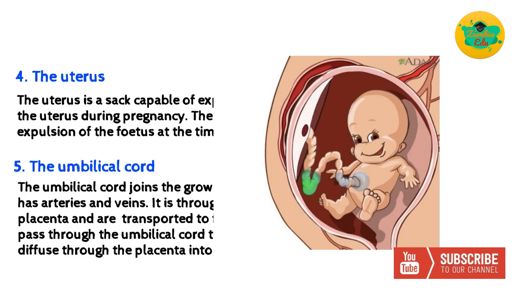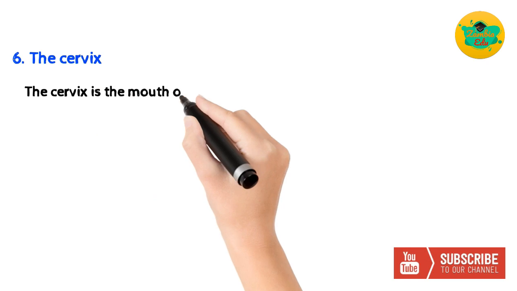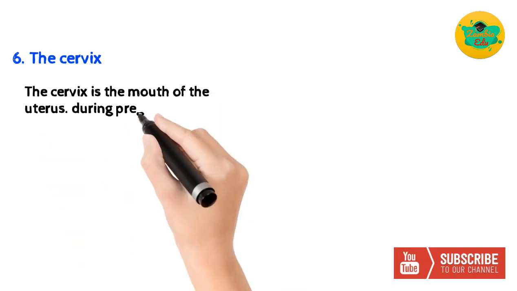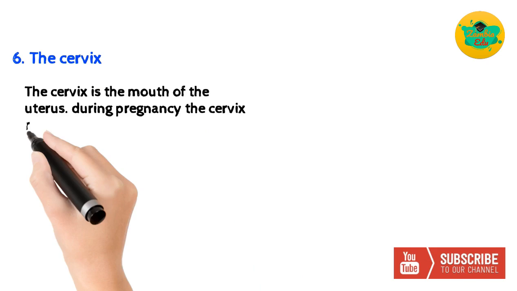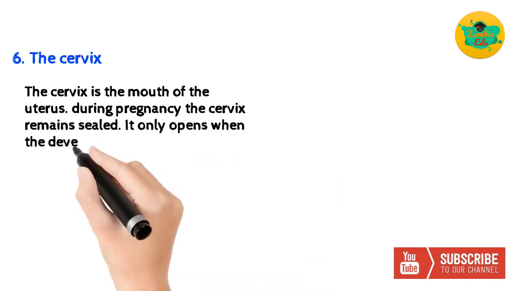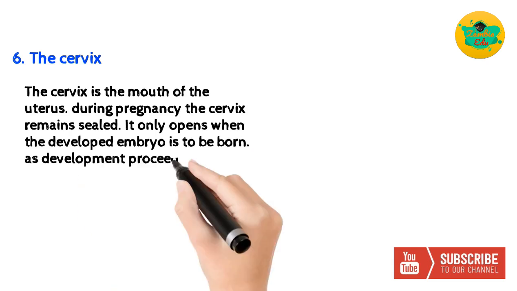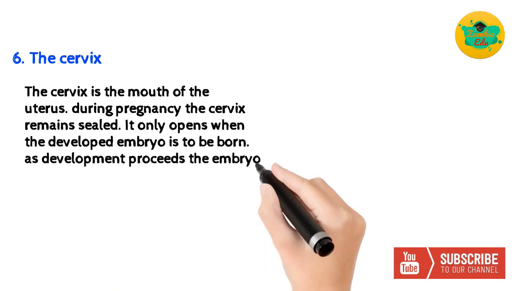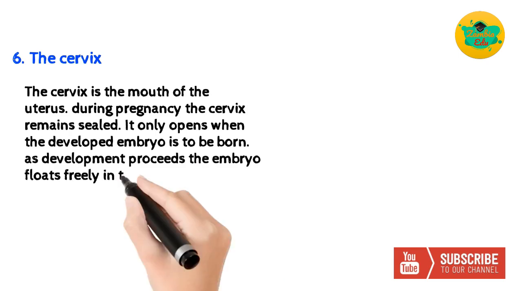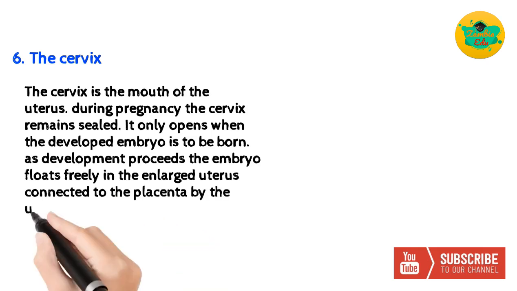The cervix. The cervix is the mouth of the uterus. During pregnancy, the cervix remains sealed. It only opens when the developed embryo is to be born. As development proceeds, the embryo floats freely in the enlarged uterus, connected to the placenta by the umbilical cord.